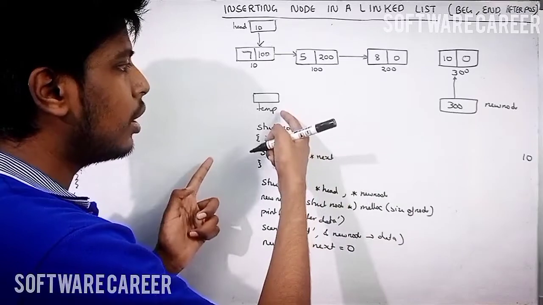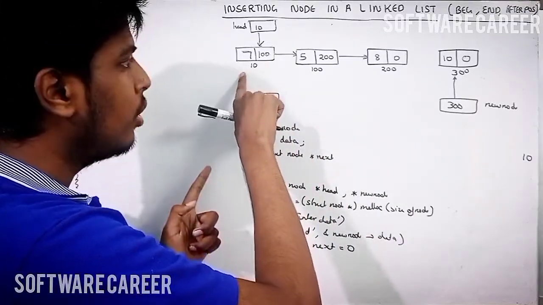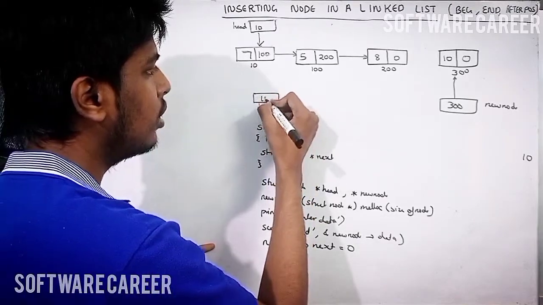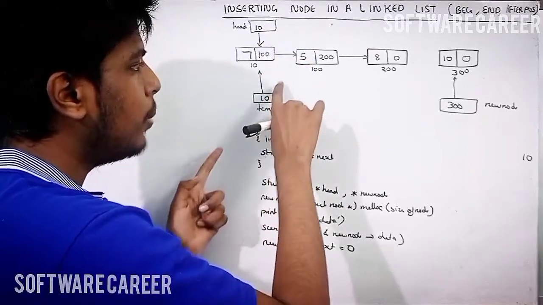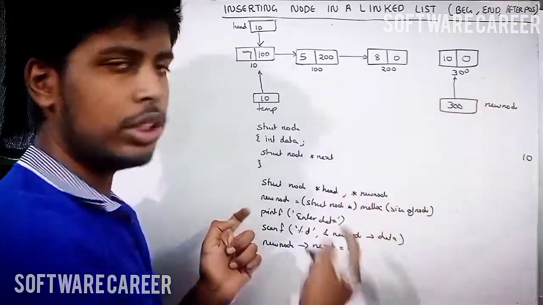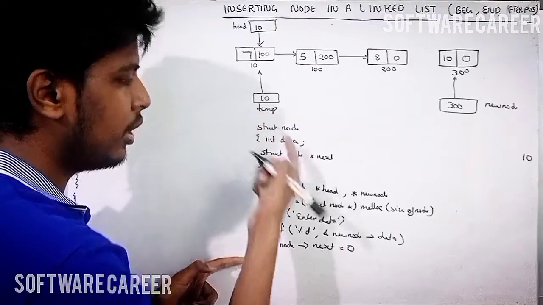For that you should start from the beginning of the linked list. First you should put temp equals head. That means temp equals 10. Head is 10, so temp should point at the first node. Then one by one temp should move towards the second node, then the third node, then this last node. So the first step is I am creating a pointer called temp.